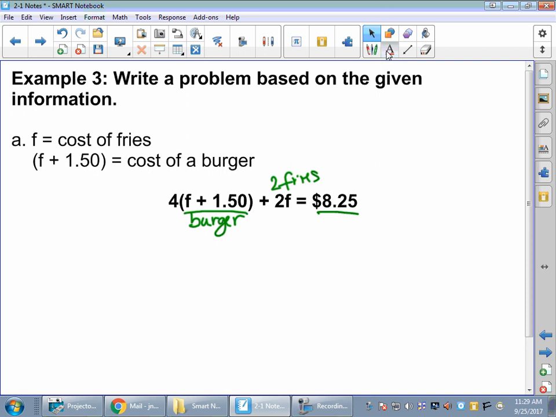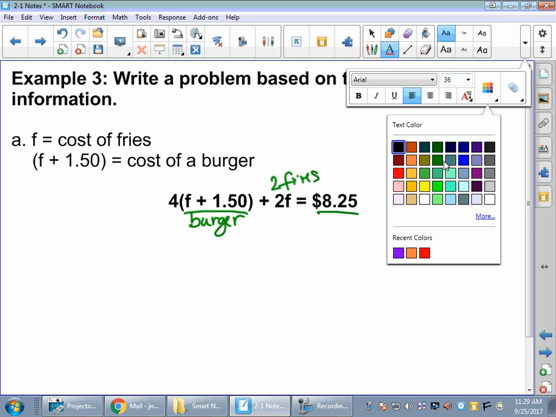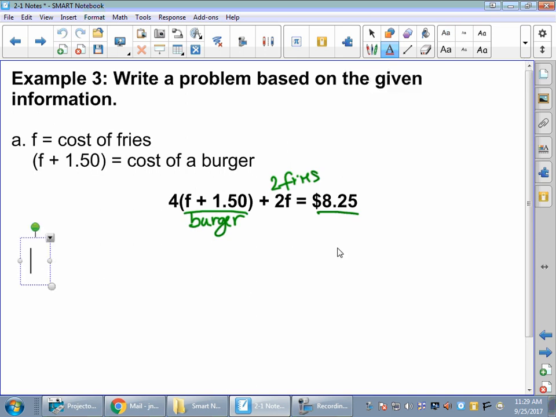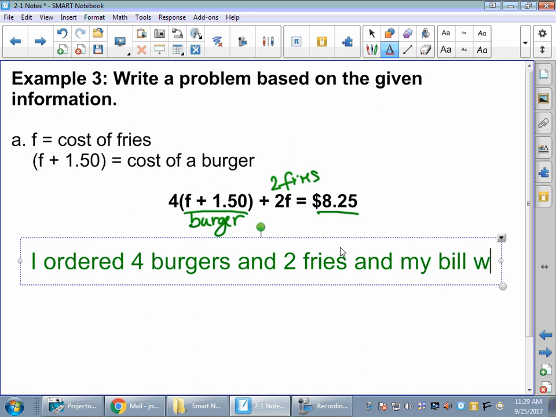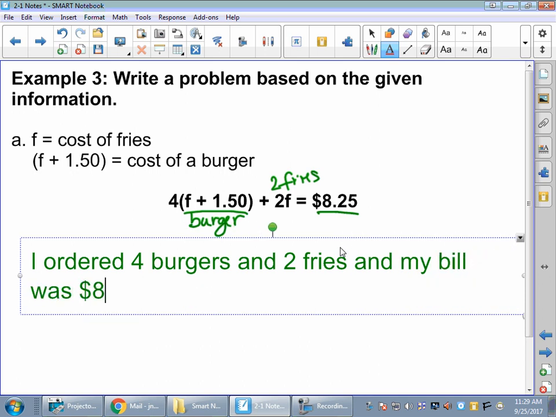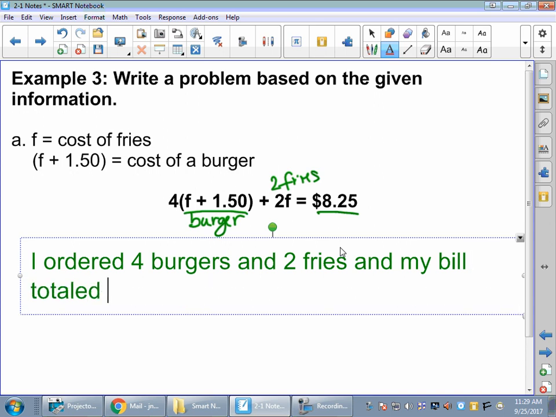So I might type up a problem very similar to that. Looking at what each of those variables mean and what they represent, I can go ahead and type up the problem. Maybe I ordered 4 burgers and 2 fries, and my bill totaled $8.25.